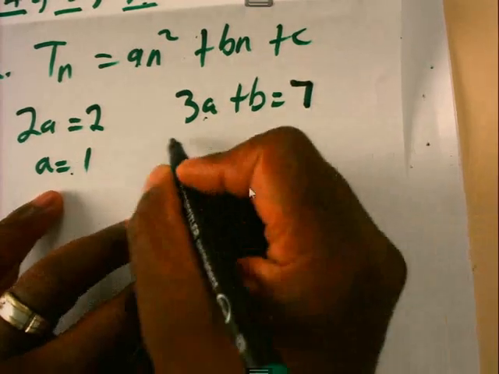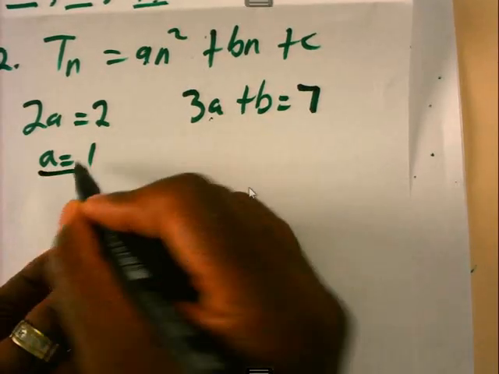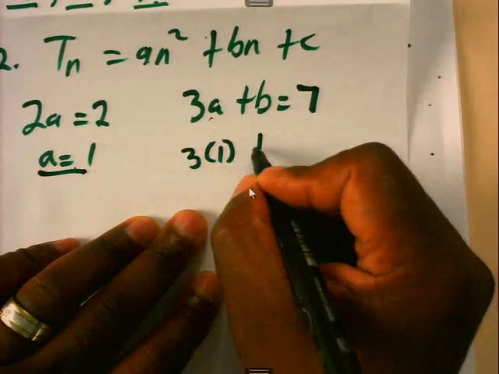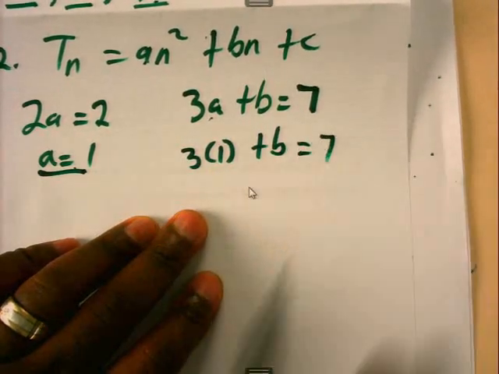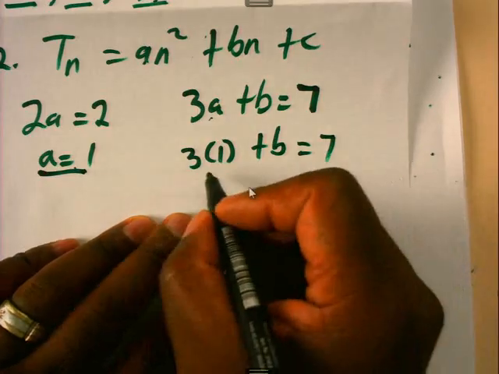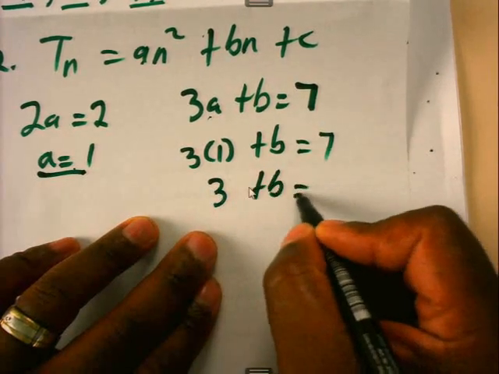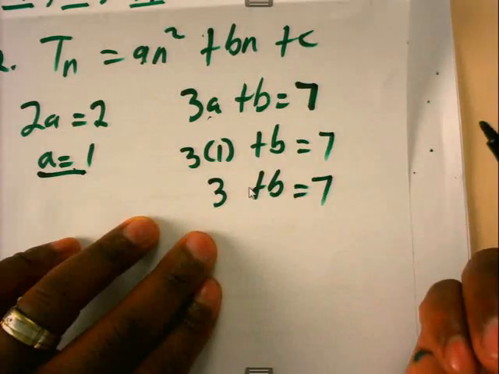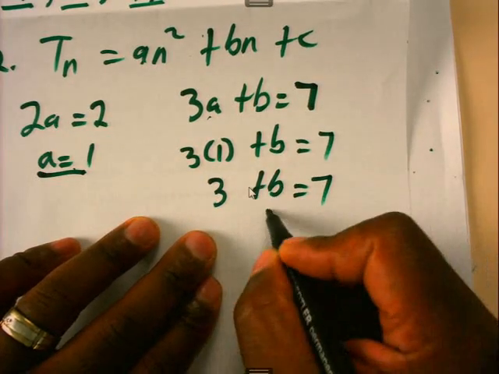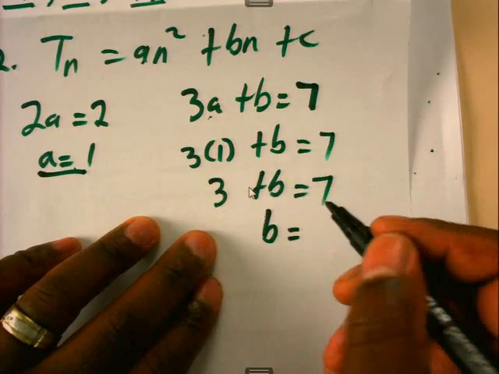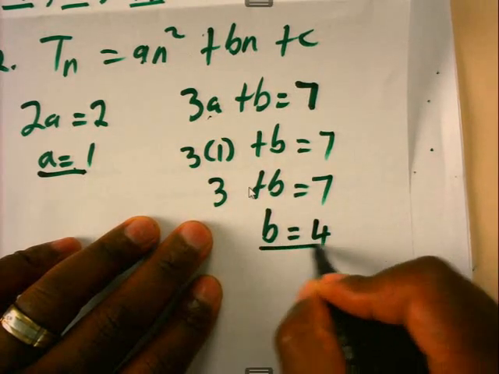So we substitute a equals 1 into this equation. 3 multiplied by 1 plus b will then be equal to 7. Now 3 multiplied by 1 gives us 3, plus b is equal to 7. Then you transpose 3 to the right. You'll only be left with b on the left. So 7 minus 3 gives you 4.